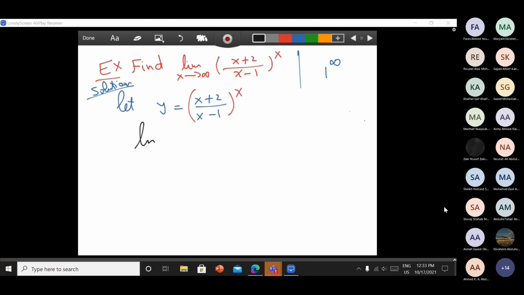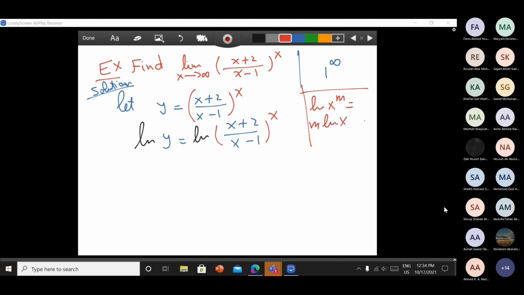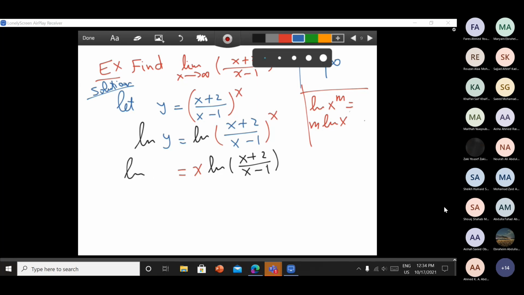Now, if I take ln for the left-hand side and for the right-hand side, I know from the logarithm rule that the ln of x to the power m is m ln x. So now you have x ln of x plus 2 over x minus 1, and this is the ln of y.